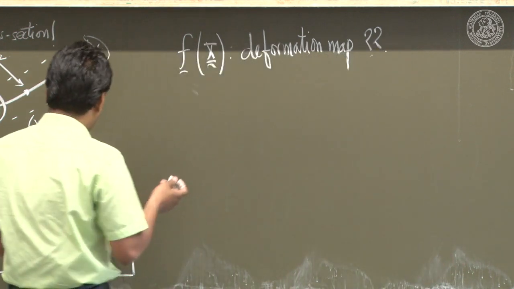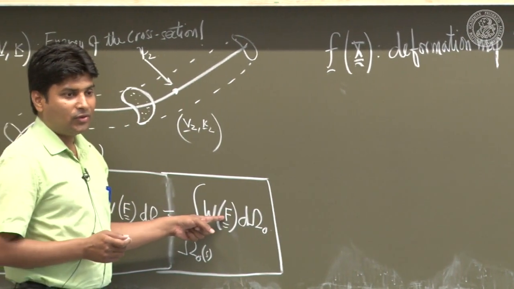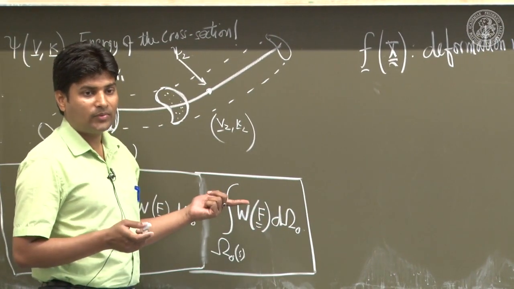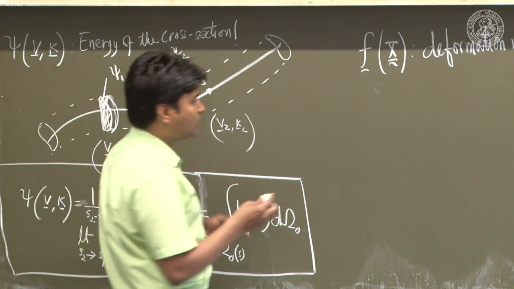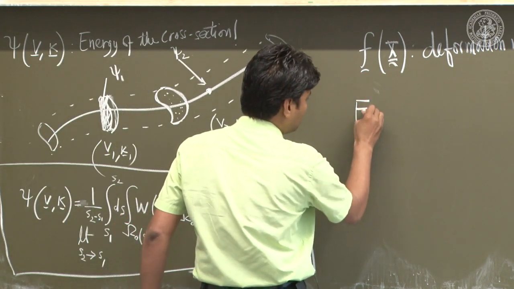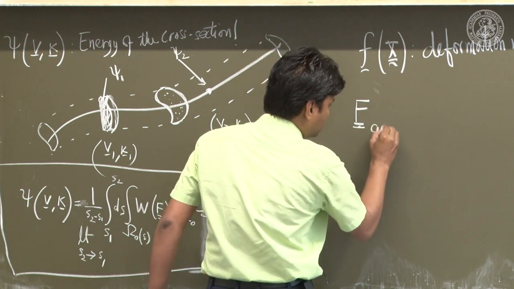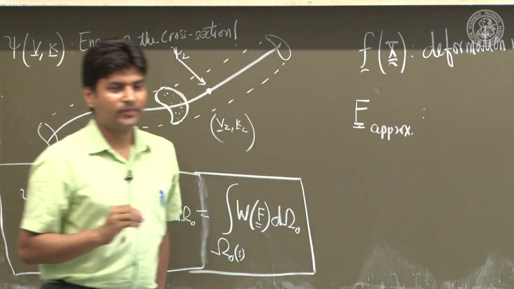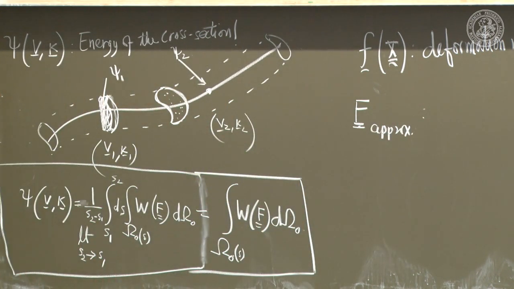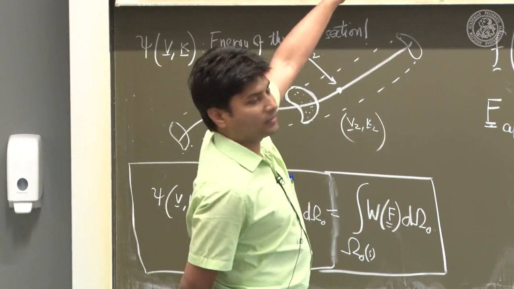So, maybe if you want to get the exact big F, you have to solve a 3D elasticity problem, but maybe you could work with some approximate big F, right? Maybe we have to think of some approximated big F. And one of the approximations is of course that constrained kinematics you see over there.